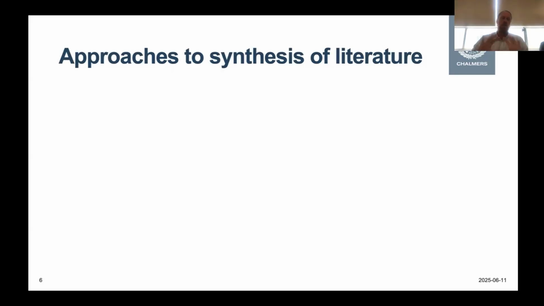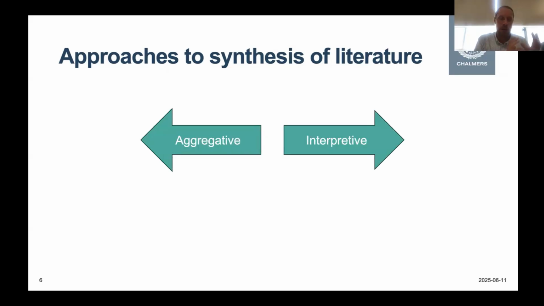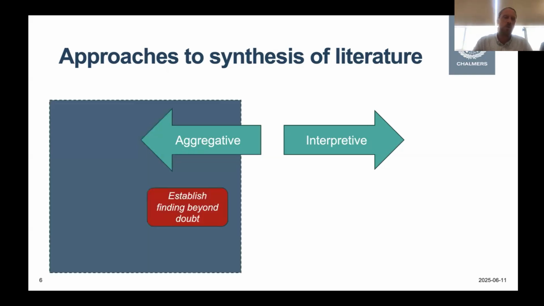And generally, there are two approaches to a synthesis of literature. One is an aggregative and one is an interpretive. The aggregative has a focus on establishing findings beyond doubt.